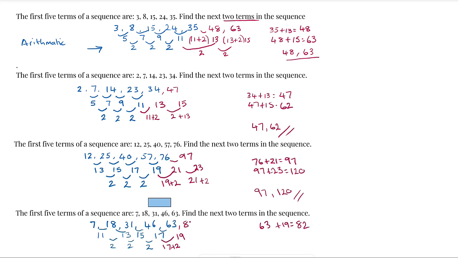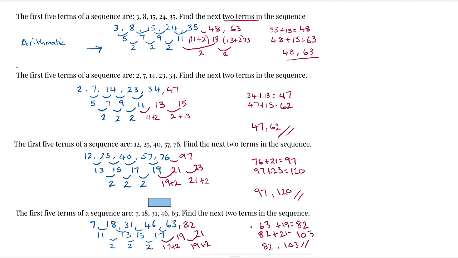It's the first of our missing two terms. Same again. Gives us 21. 82 plus 21 gives us 103. So our next two terms are 82 and 103.